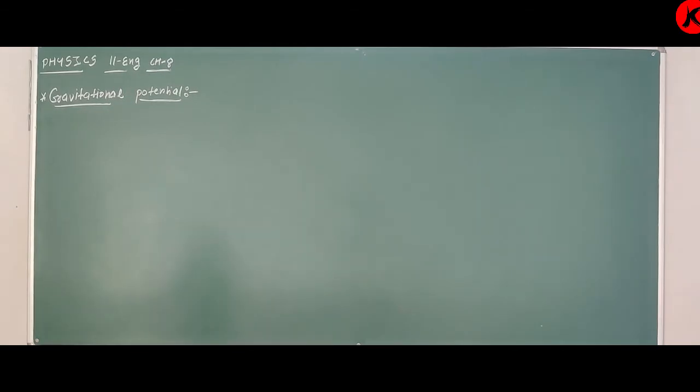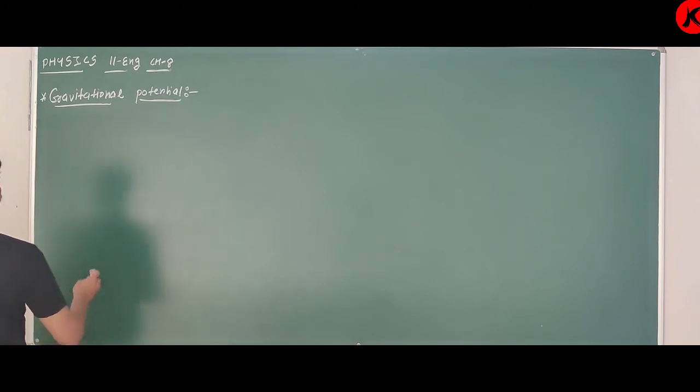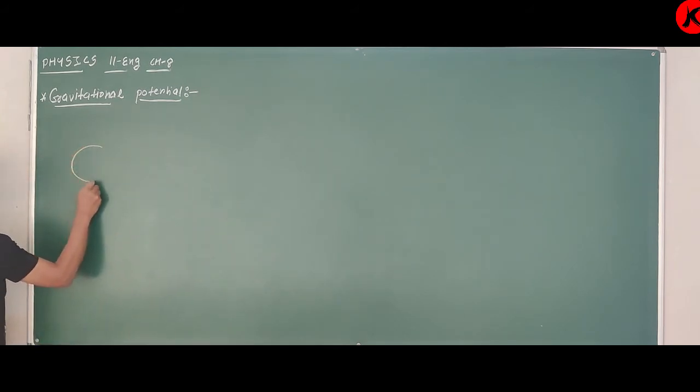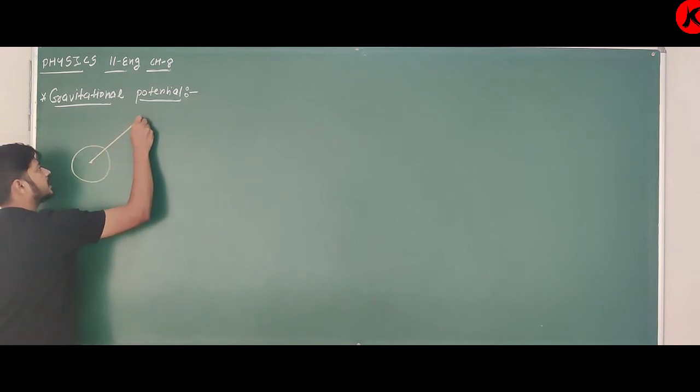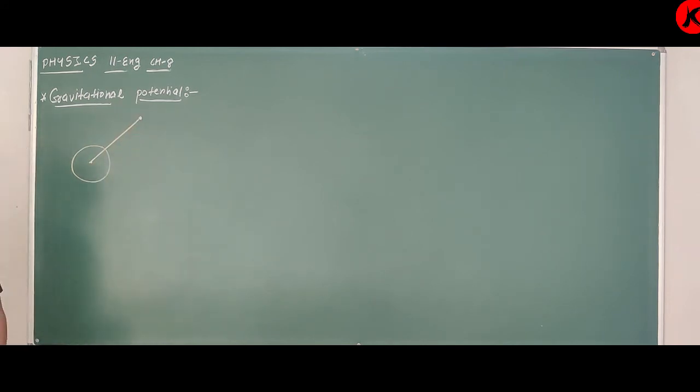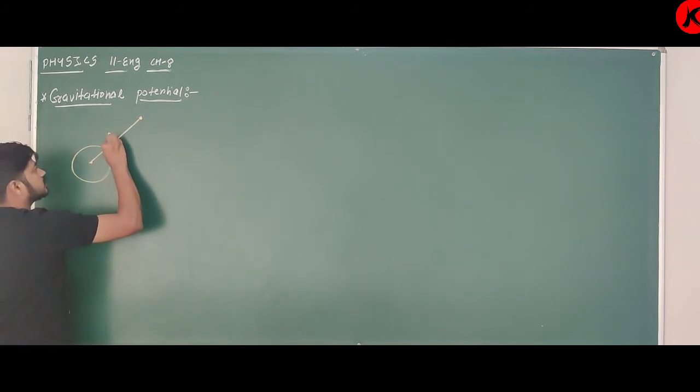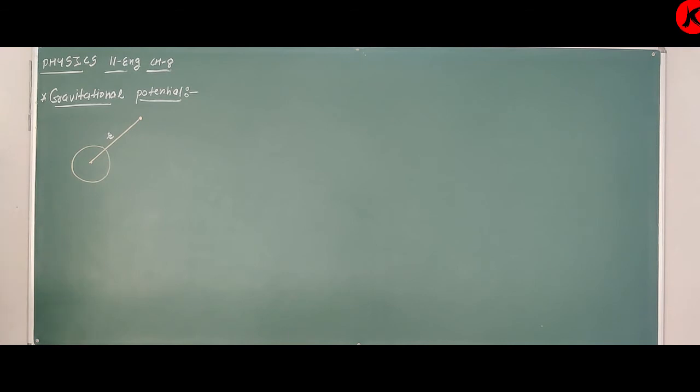Okay, now say here, due to Earth at distance r, which is outside. This point B is outside it.